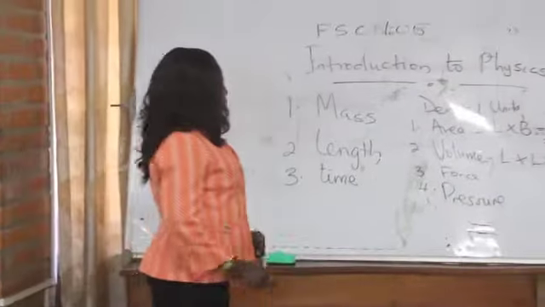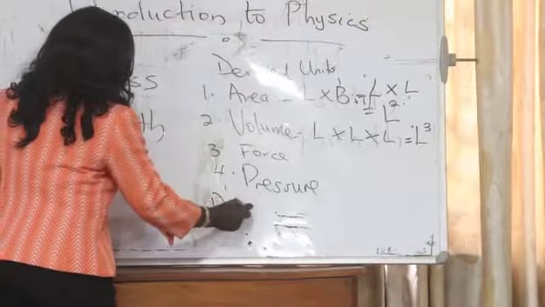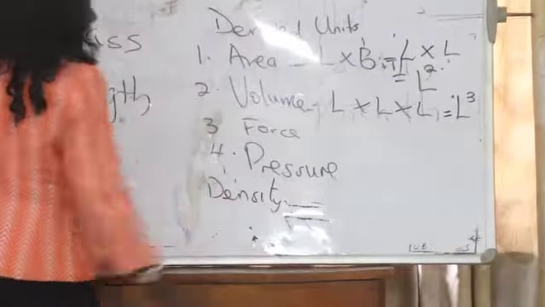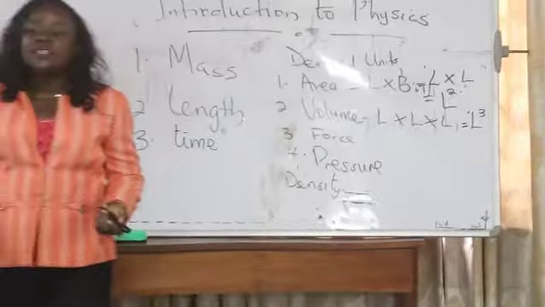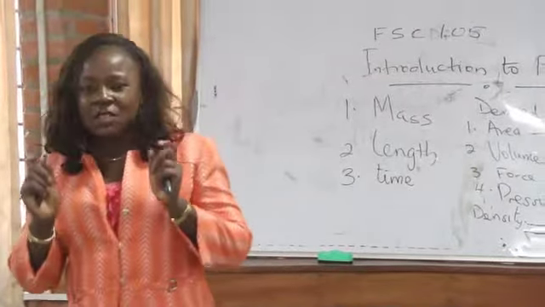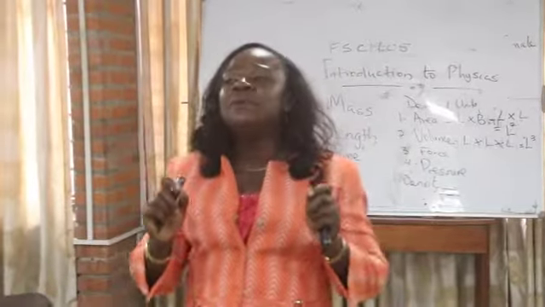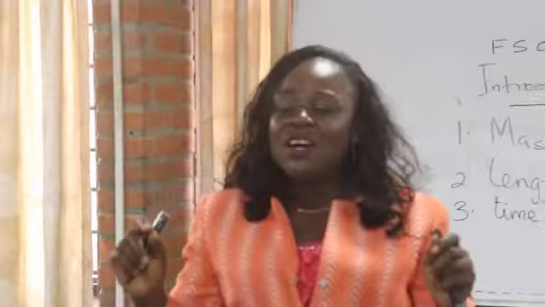Another example of a derived unit is density. The density of an object is also a derived quantity. Why? The density of matter is expressed as the mass of the body per volume.